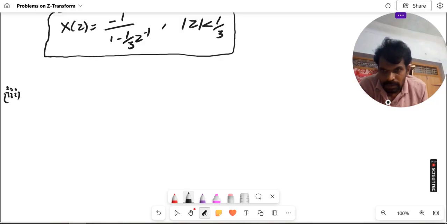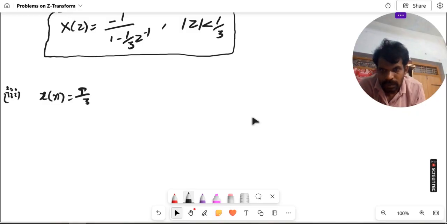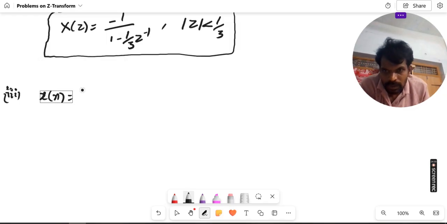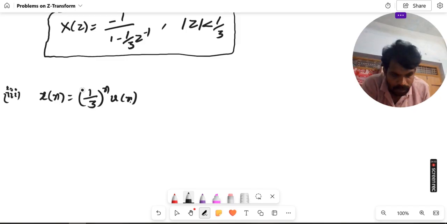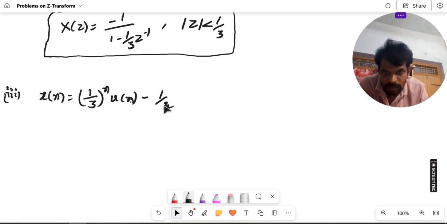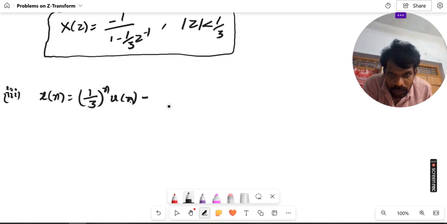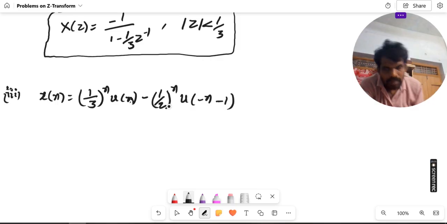In the third bit, x of n is equal to 1 by 3 power n into u of n minus 1 by 2 power n u of minus n minus 1. So it is given.